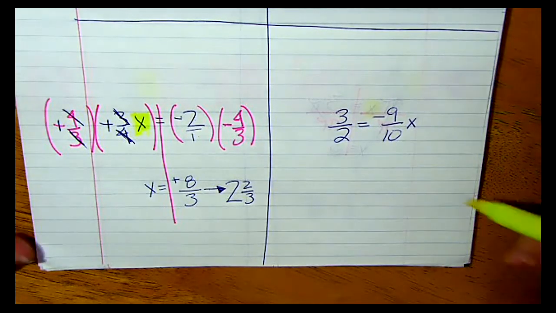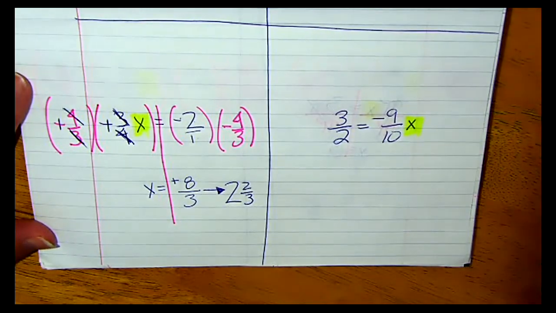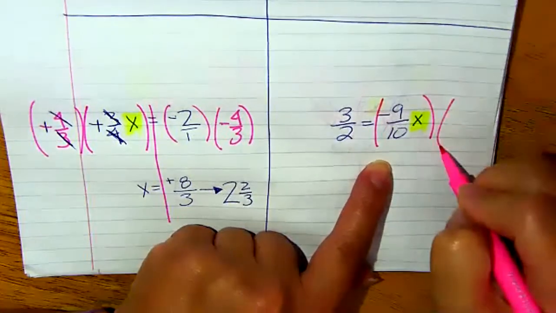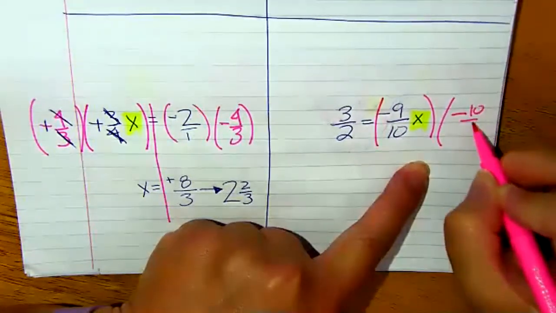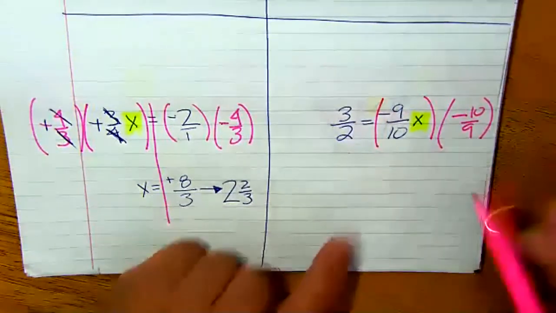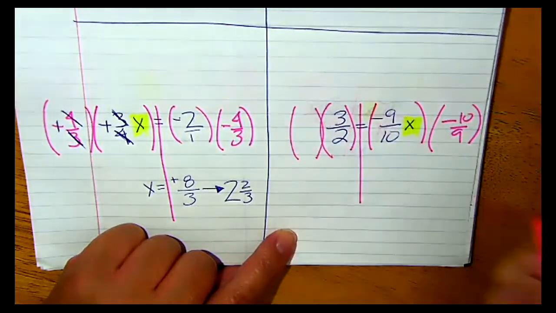Okay. I still need to isolate my variable. And to do that, I'm going to multiply this by -10/9. And what I do to one side, I must do to the other.